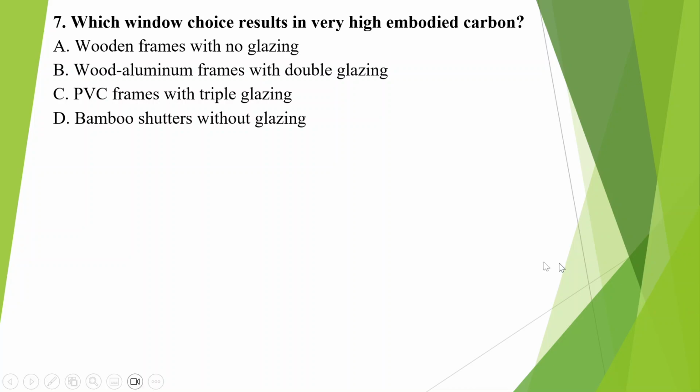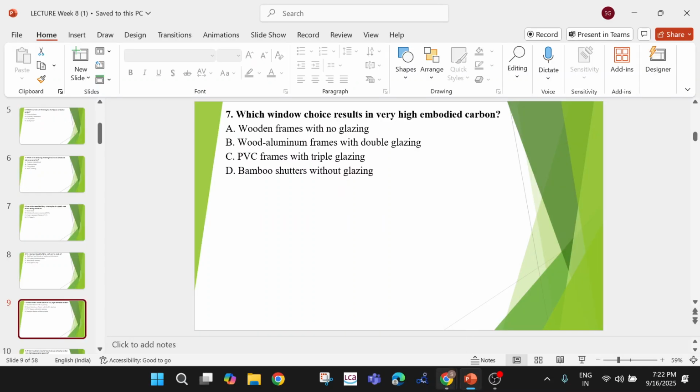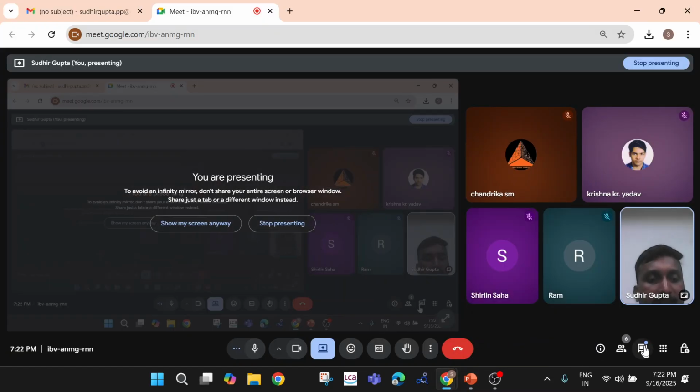I hope all of you have got the question. All the questions discussed so far are based upon lecture 1 of week 8 content. So whoever has gone through those lecture slides in detail and understood the things will easily be able to answer these questions. So let's see who has answered and who has answered it correctly.